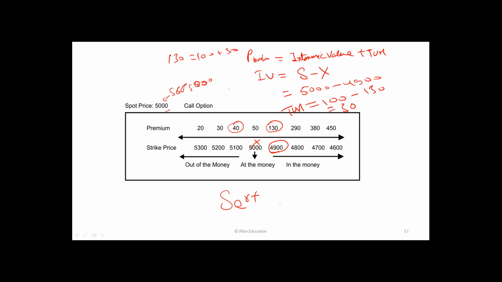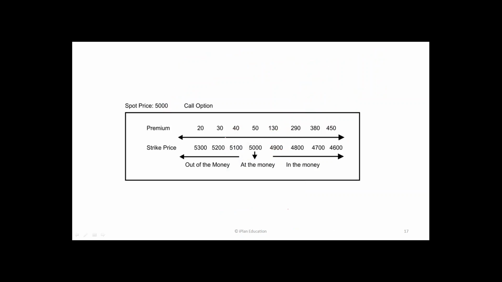Now, let's understand this through a calculation. Let's suppose I'm buying a call option with a strike price of 4,900 and I know the spot is 5,000 today, let's say on 1st of January, and the premium I paid was 130, which is also given.